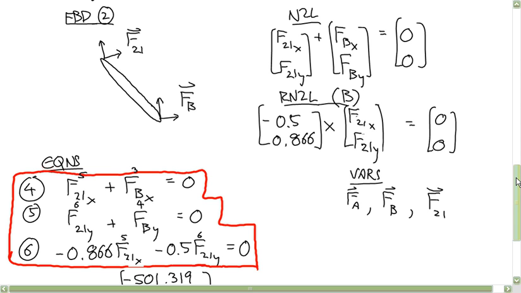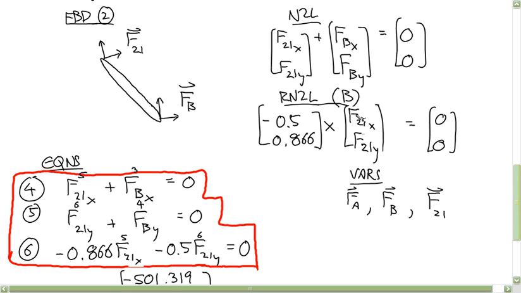But so I took my moment about this point where we want to calculate that friction force. And so the only moment was produced by this. The vector from the about point to where the force is applied is negative 0.5, positive 0.866.